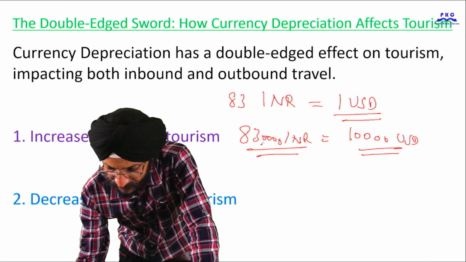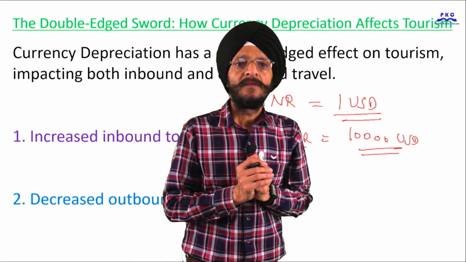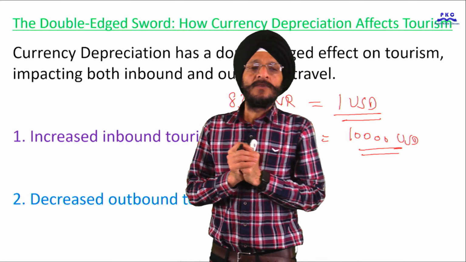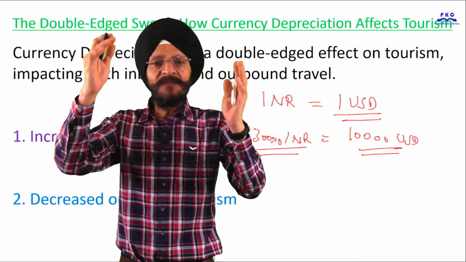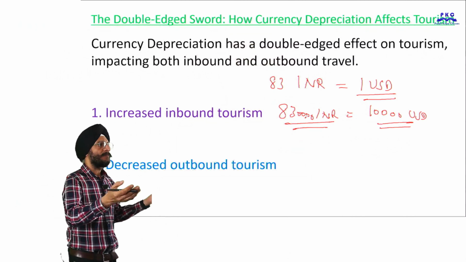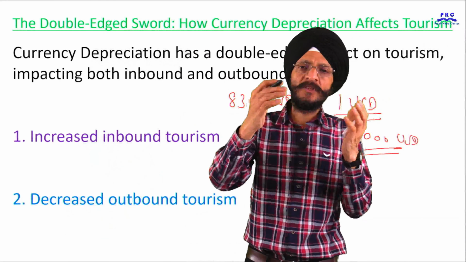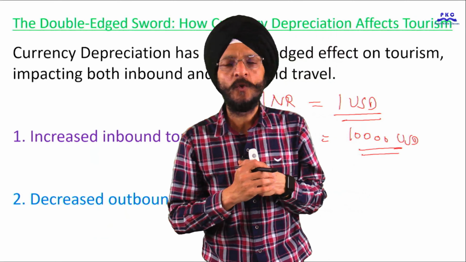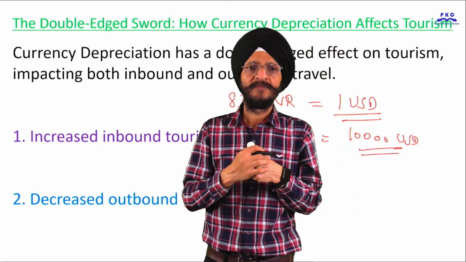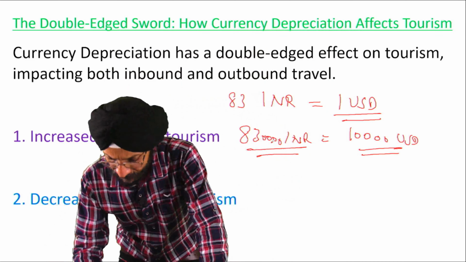Eight lakh 30,000. So, if the value of the Indian currency depreciates, suppose there is economic instability or some government intervention, or due to some other reason, the value of Indian currency depreciates. What happens then?